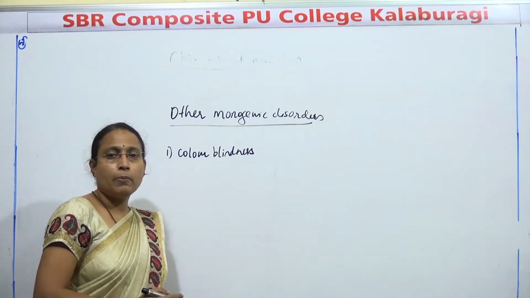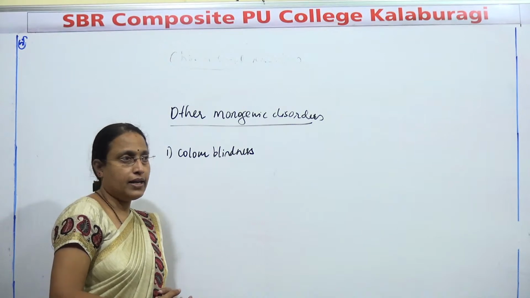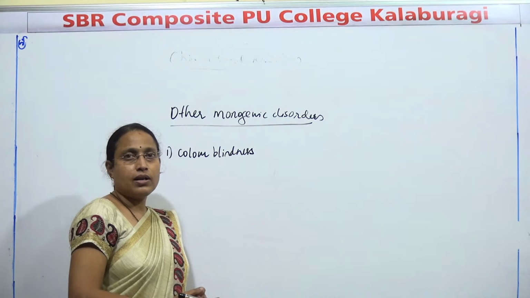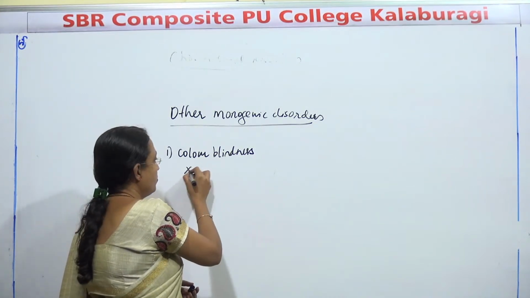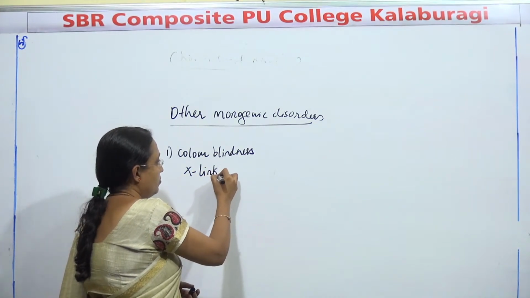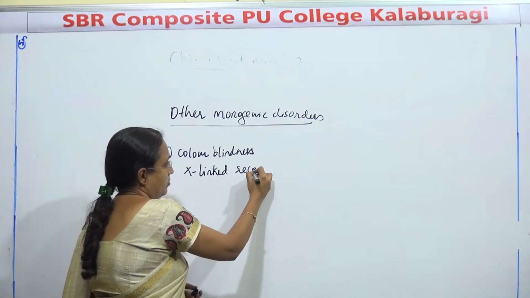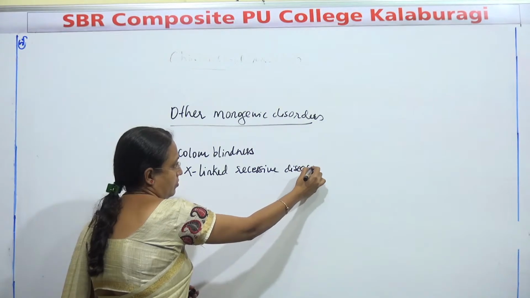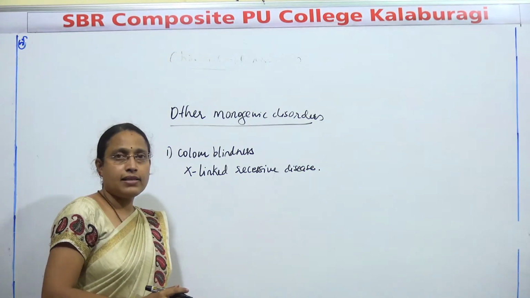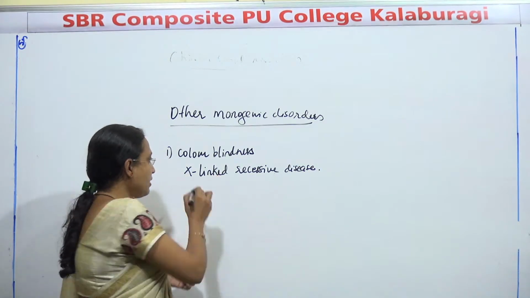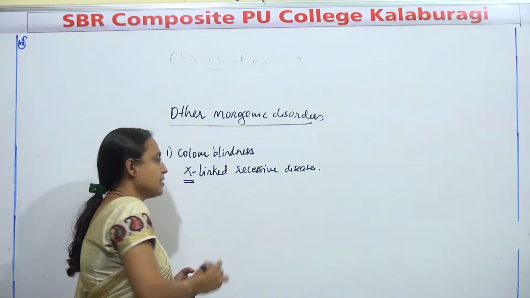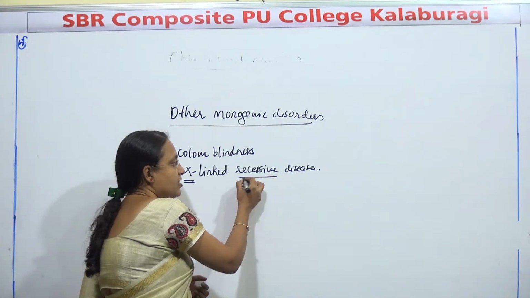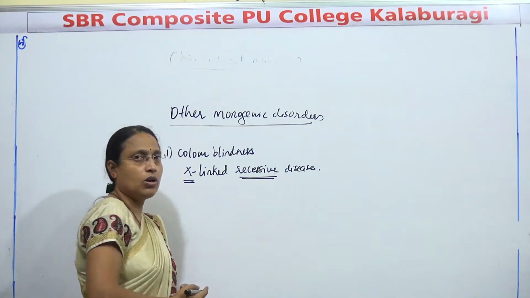What are the points which you should know in color blindness? Color blindness is an X-linked recessive disease. It means that the disease gene is present on the X chromosome, and the gene is in a recessive state.